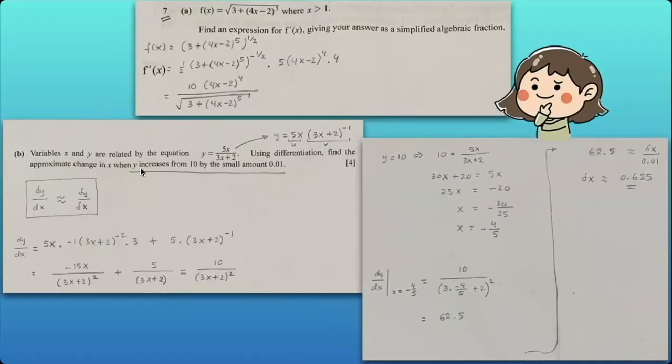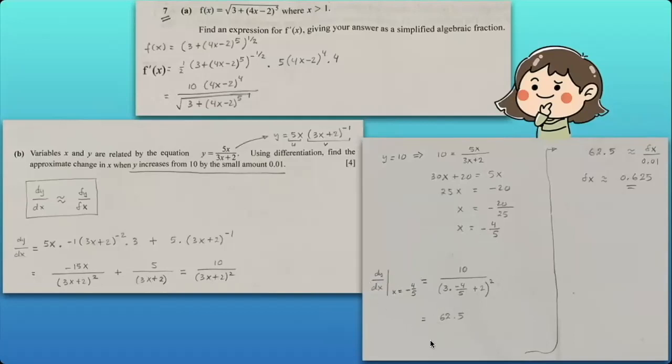Here we are given y. y increases from 10. So this is the initial y. So I can find x. So I substitute y equal to 10 into this equation to find x. Then I can substitute x equal to minus 4/5 into dy/dx.